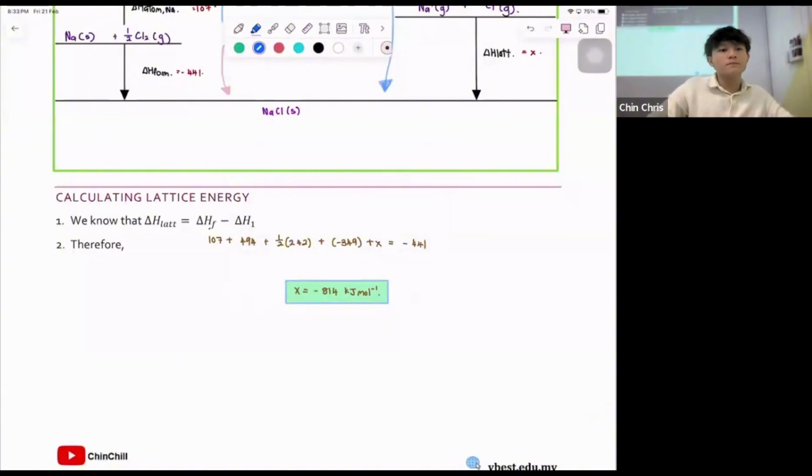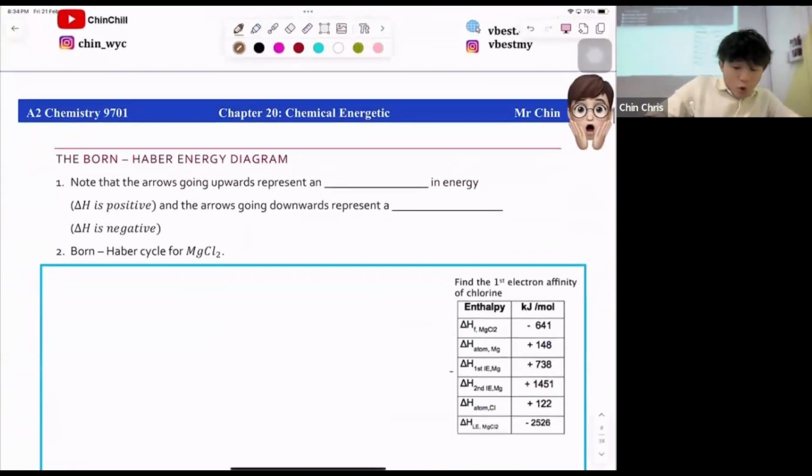All right, guys. What's the next question? Go. All right, guys, now note that an arrow going up always represents an endothermic process. An arrow going down always represents an exothermic process.